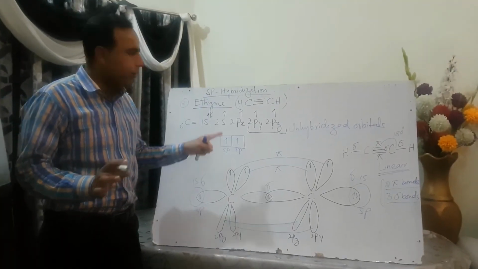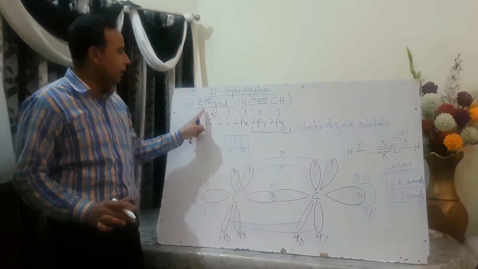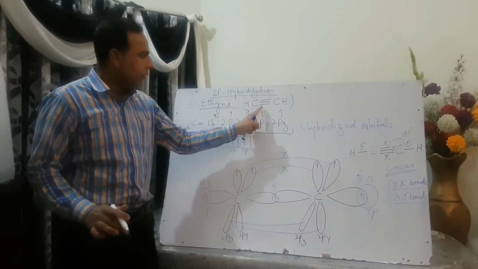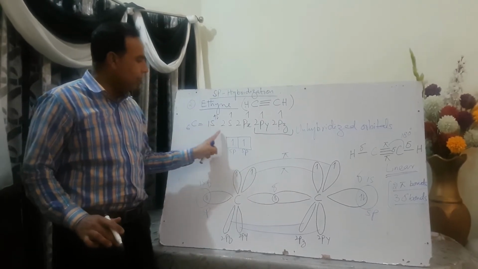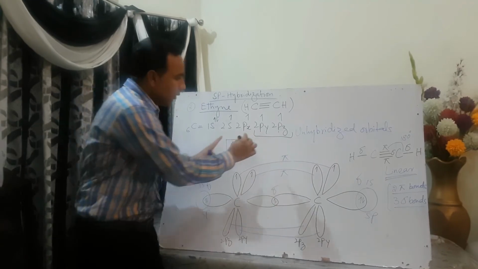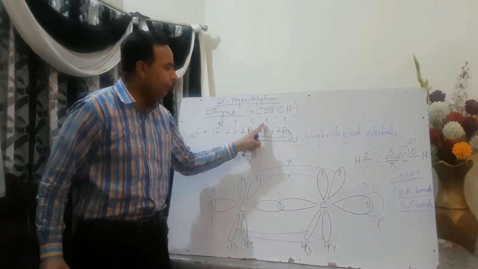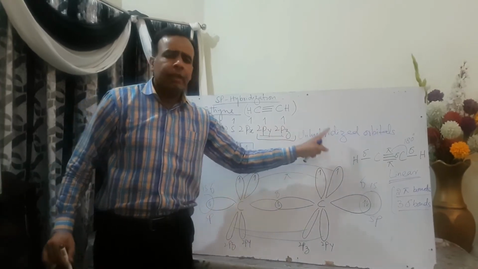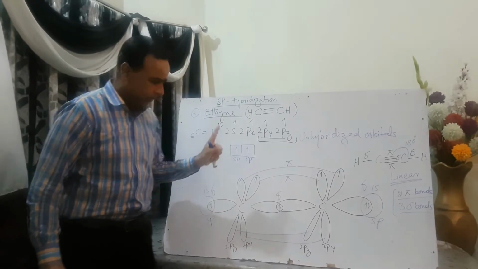My dear students, this is the last example of sp hybridization, that is the structure of ethyne. CH triple bond CH. This is the electronic configuration of the carbon atom, carbon atomic number 6. Here I will tell you there are two unhybridized orbitals, that is the 2py and 2pz orbitals. They don't overlap, they are not involved in orbital hybridization.